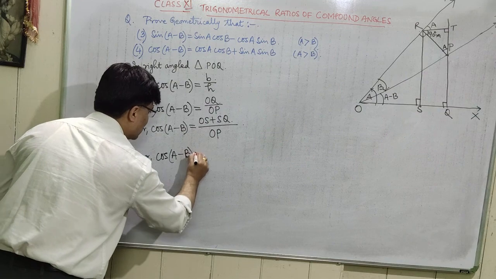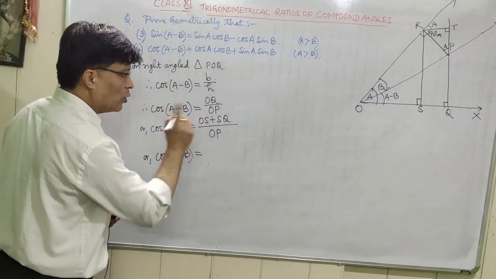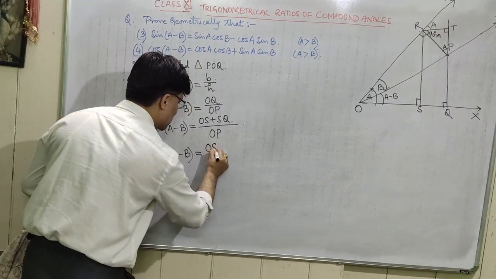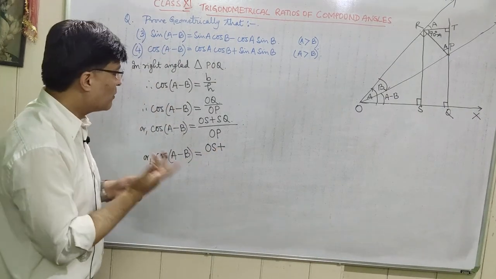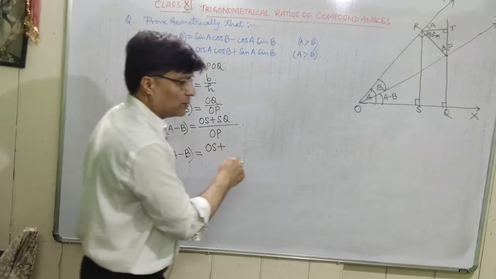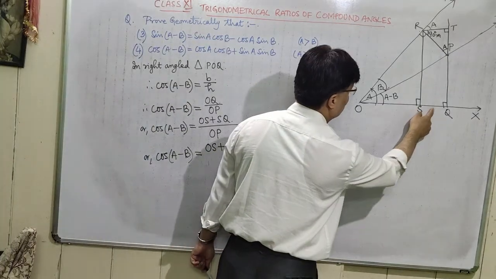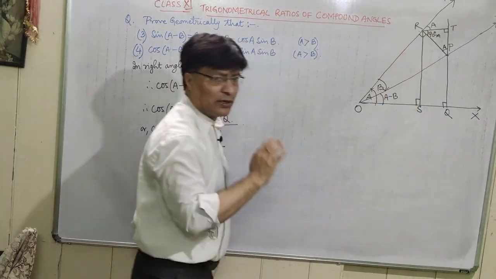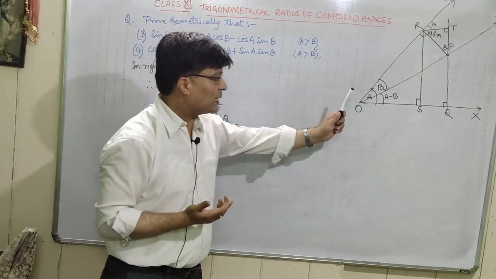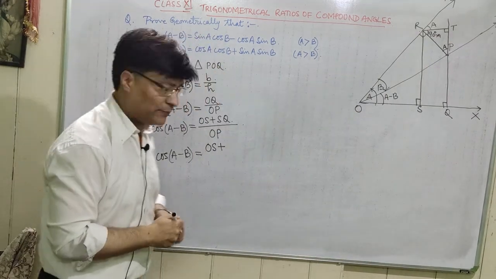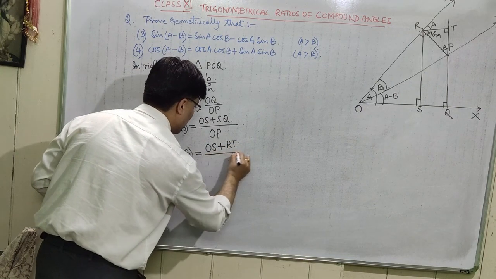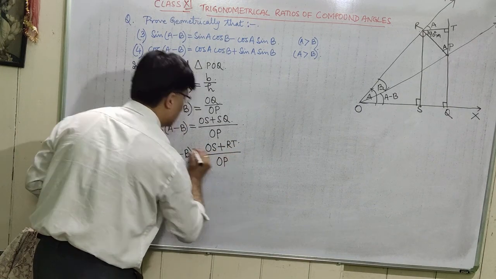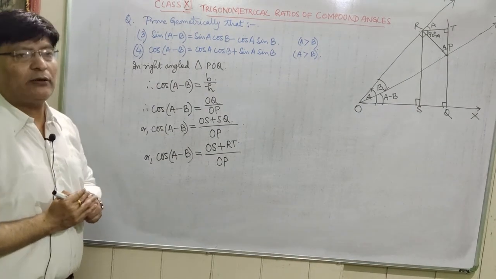Cos of A minus B is equal to OS, keep it as it is, plus, in the figure, what will you write for SQ? This SQ is equal to RT, isn't it? So here you can write RT divided by OP.